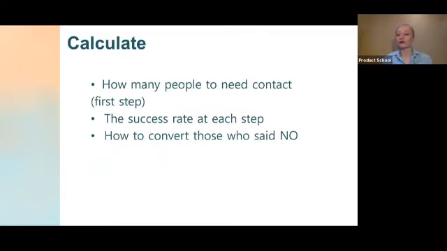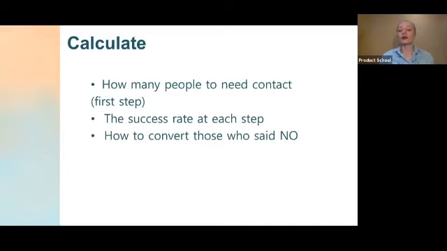Okay, so calculate. Before you start contacting your respondents, you need to make sure that you know how many interviews and how many replies you will get at each step of your funnel. So how many people do you need to contact at the first step?